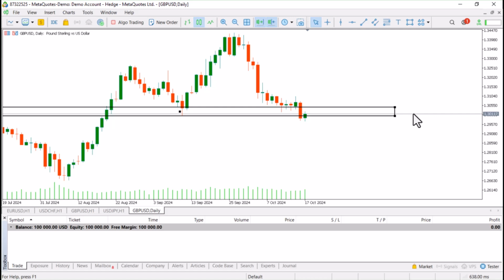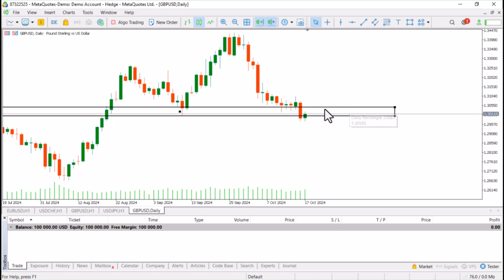It means for me to purchase one British pound sterling, I need 1.30119 USD.